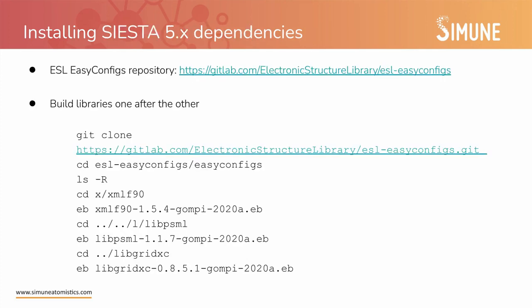Once you have these common dependencies installed, then you can go to the specific dependencies of SIESTA 5. For this, the ESL provides a repository of easyconfig files, and you can use it to build libraries like XMLF90, libPSML, or libGridXC.